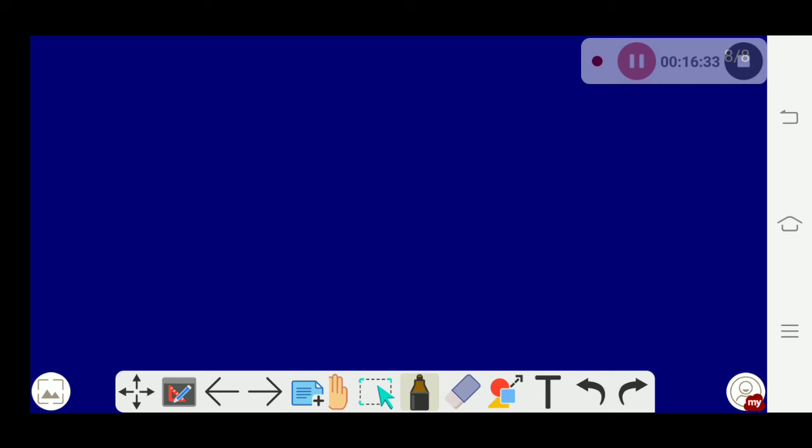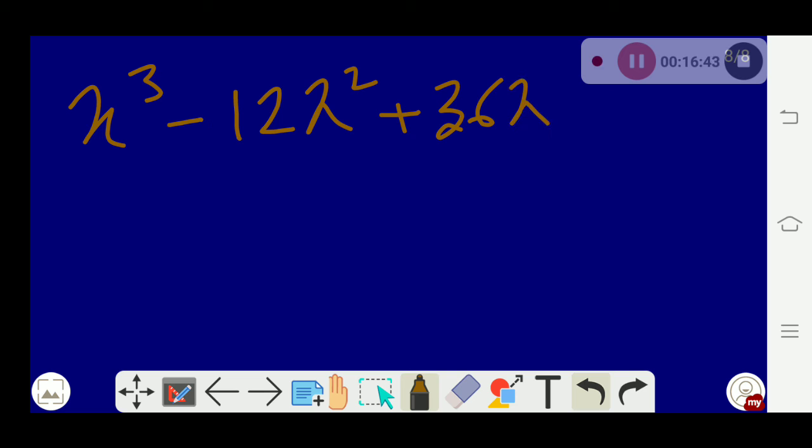Our equation is lambda cube minus 12 lambda square plus 36 lambda minus 32, and we have found lambda is equal to 2 as one of the solutions.